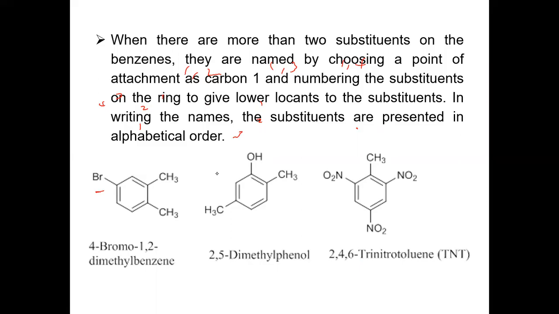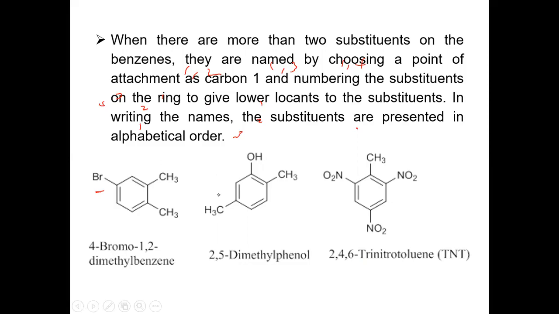So these are 2 different criteria they have given us. If we have more than 2 substitutions, we should number it such that we give lower numbers to the substituents. Next, irrespective of the numbering, we should make sure that we name them in alphabetical order. So let's look at the first criteria before we go to the second one.